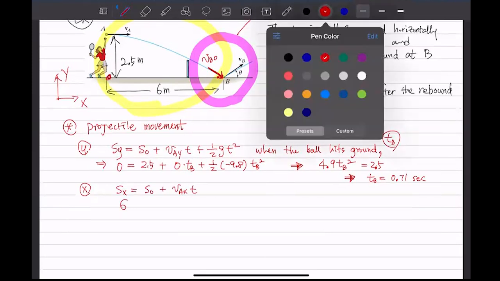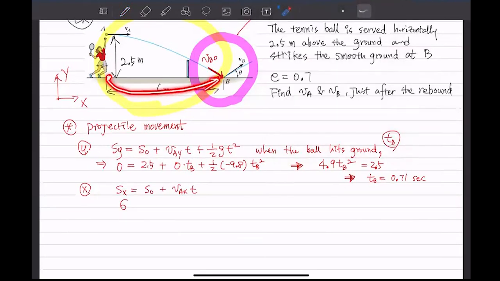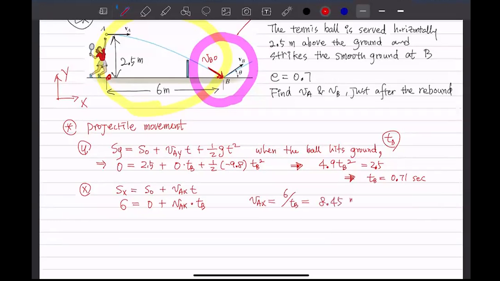We can call that 0, and that flew for 6 meters, right? And 6 equals S naught 0 plus VAX times TB. And we know TB is 0.71. So VAX is going to be 6 divided by TB. That is about 8.45 meter per second.